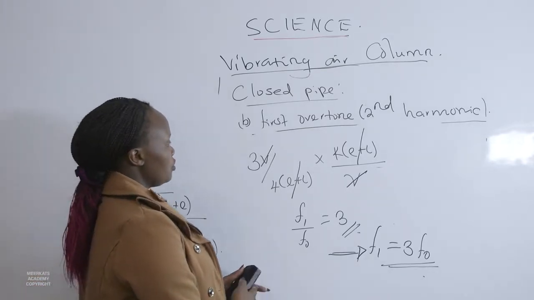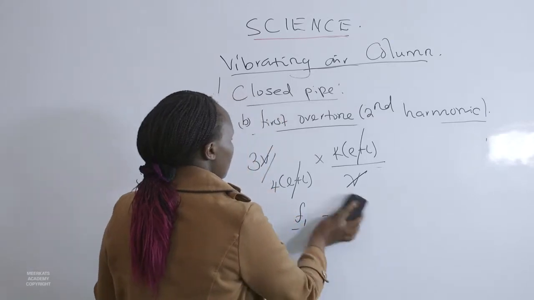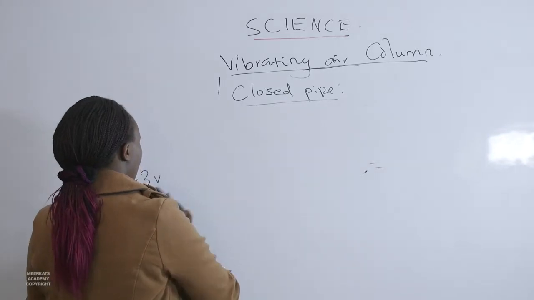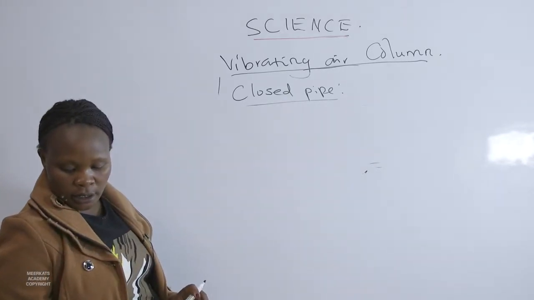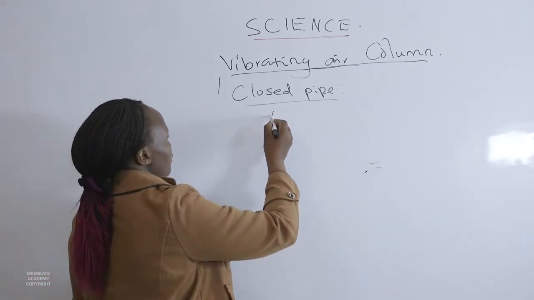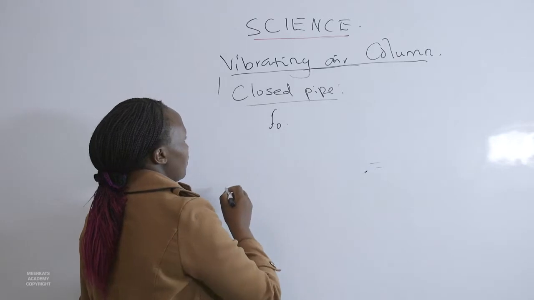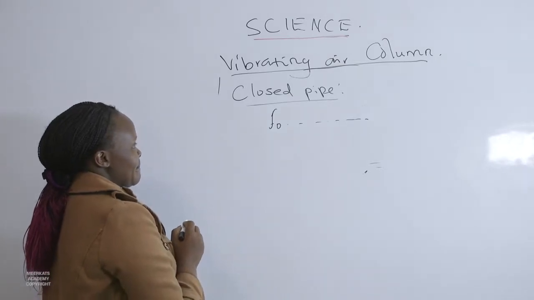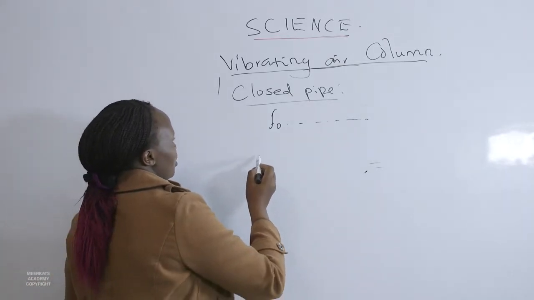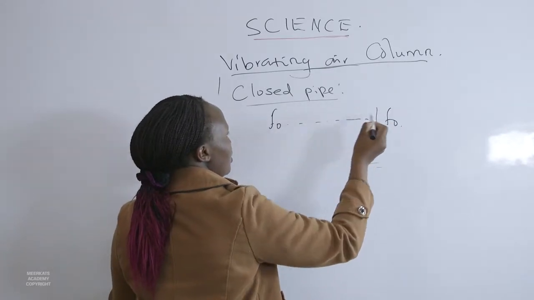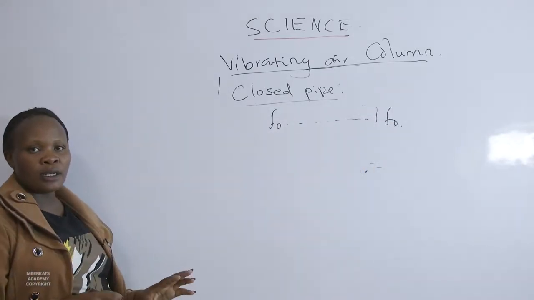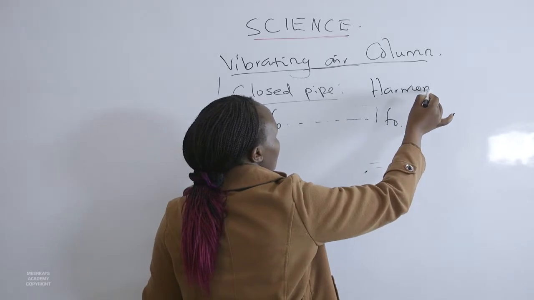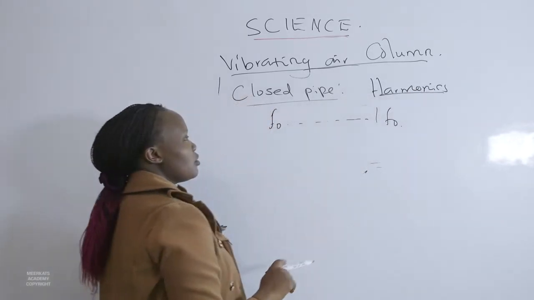Now if we go to F0, this one is our first harmonic. Now F1 is equal to F0 times 1. Now these are the harmonics for a closed pipe.